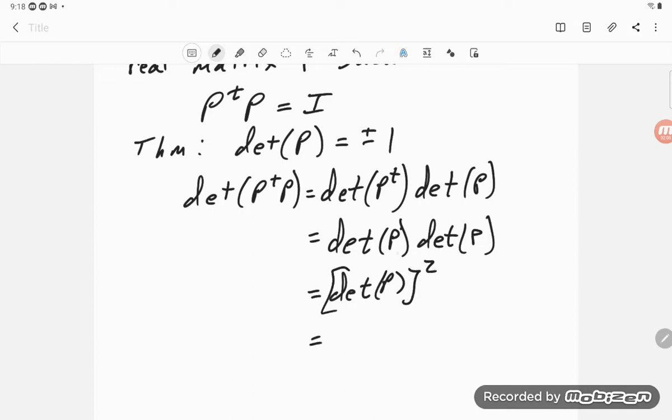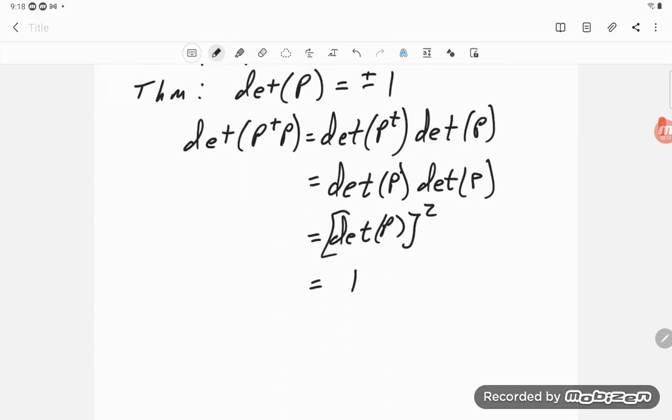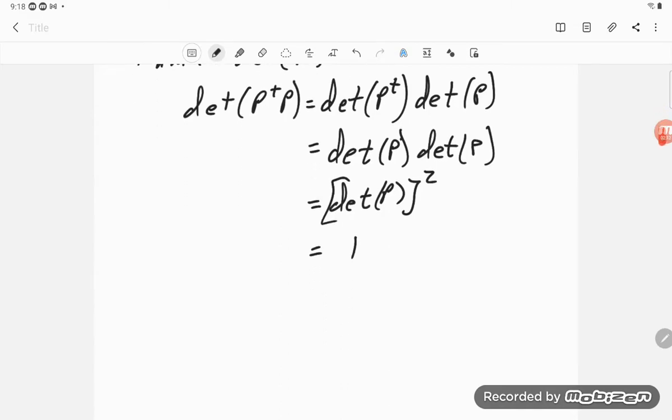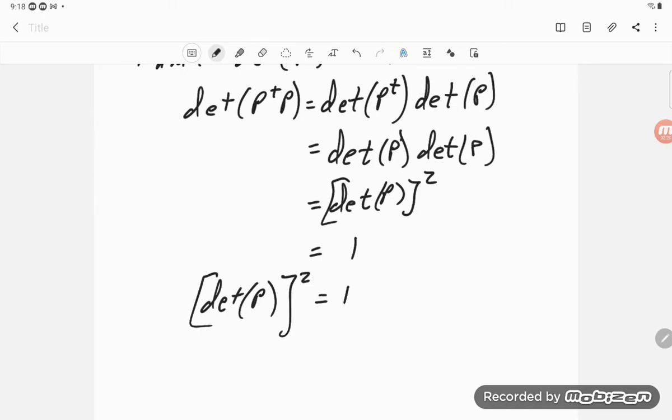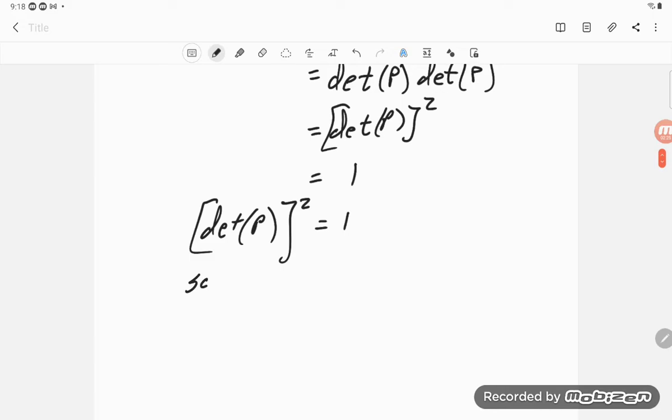But we also know, since P transpose P is I, that the determinant is 1. And so the determinant of P squared is equal to 1. So the determinant of P had to be plus or minus 1.